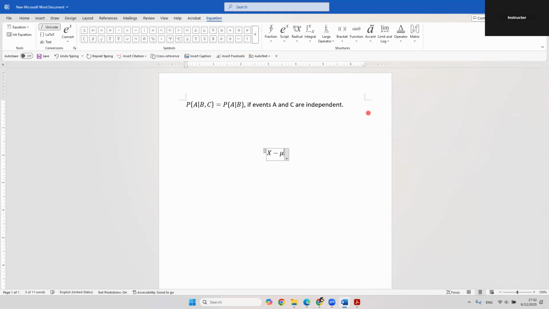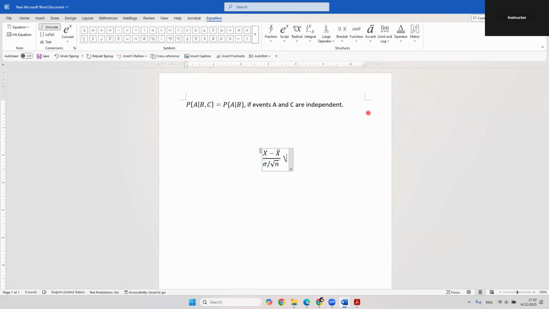X minus mu divided by... I'd better say X bar instead of mu, because X bar is the estimation, divided by sigma over square root of m.